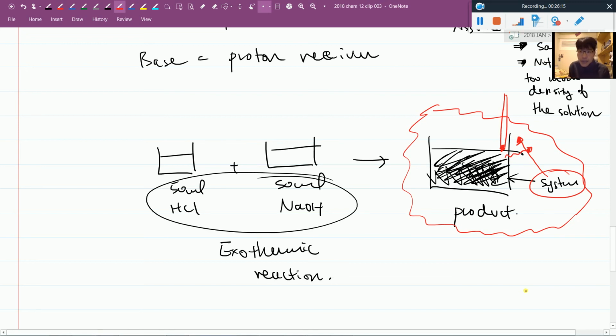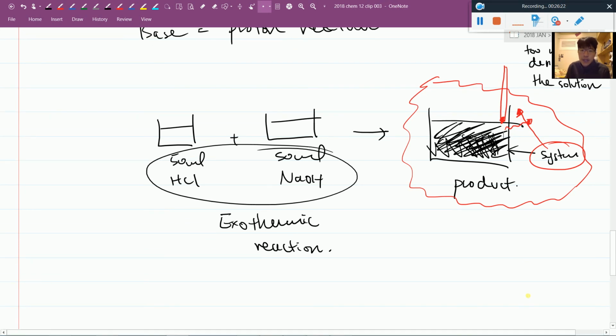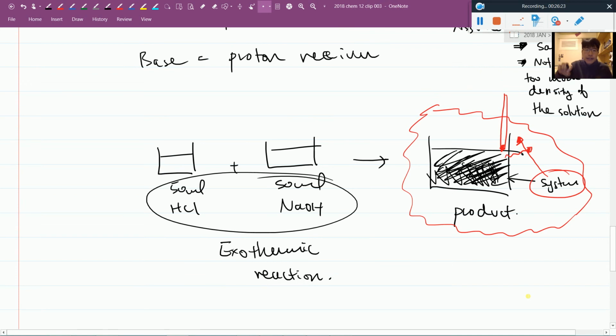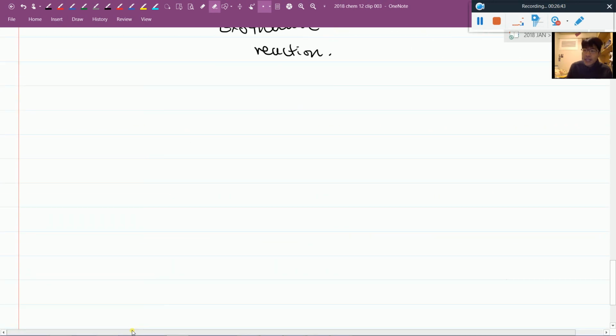Hopefully it makes sense to you. So what we need to do is mix the hydrochloric acid with the sodium hydroxide, then put a thermometer into the flask and look at the temperature change. Easy. A mixed with B, a thermometer into it, look at the temperature change, full stop. Then all the information you need would be here.